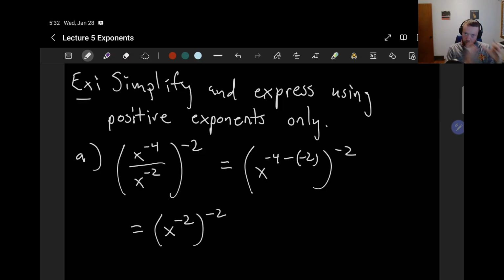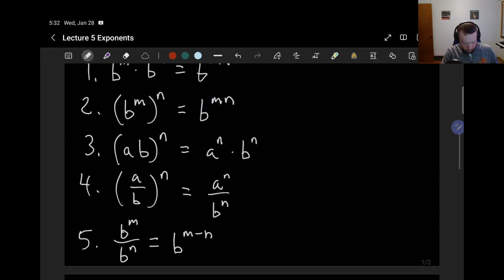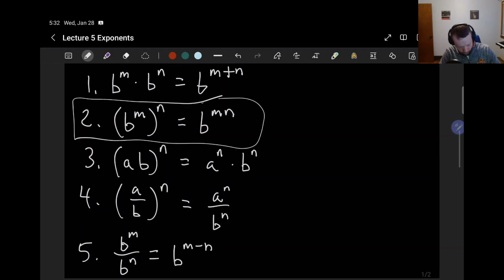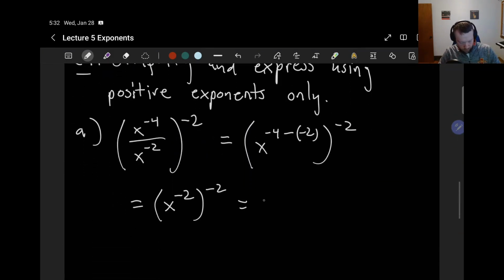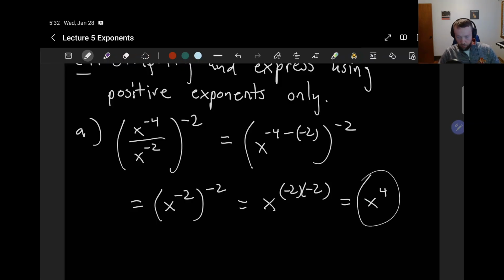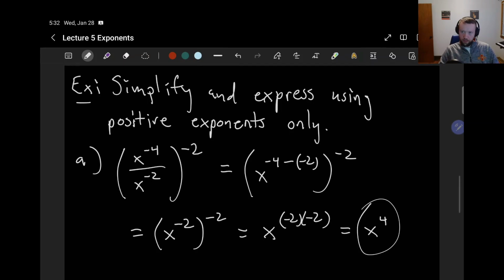Now here I have an exponential to another power, which means I multiply. That's property 2 up here. So x to the negative 2 times negative 2. We're left with x to the positive 4. And this fits our criteria of having positive exponents only, so we're done.